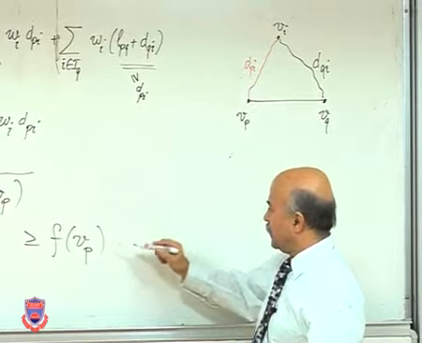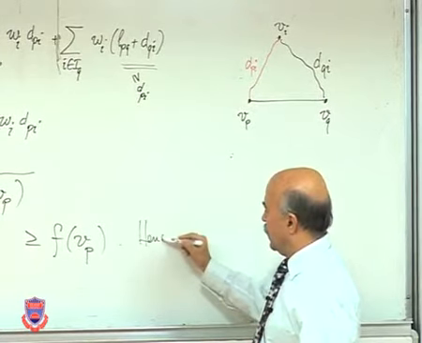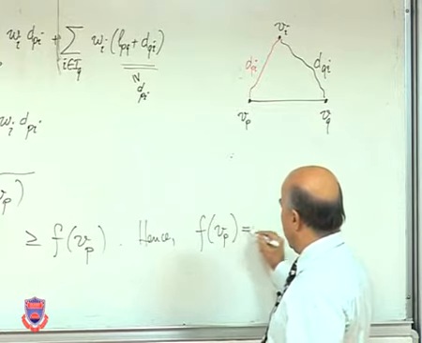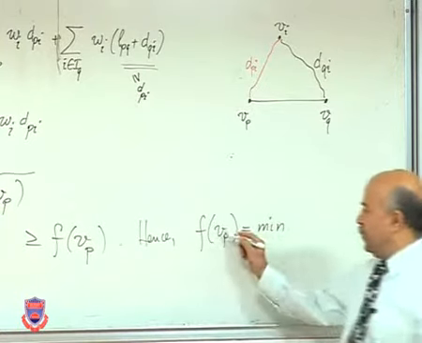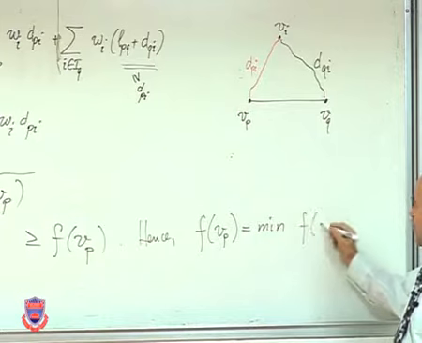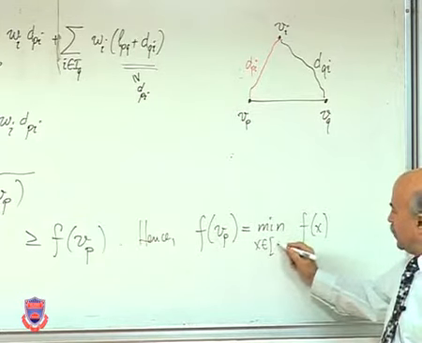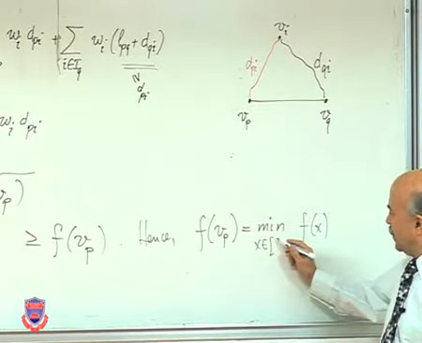So VP is a minimizer of f of x for the edge-restricted problem in this case.